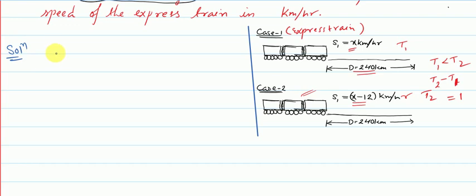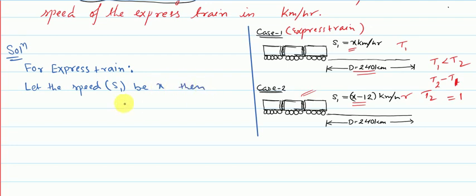Solution. For the express train, let the speed, which I denote by s1, be x kilometer per hour.